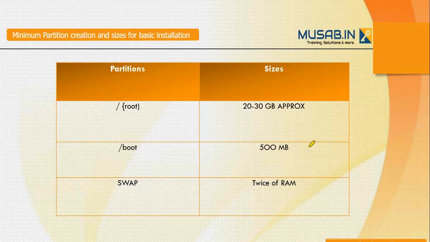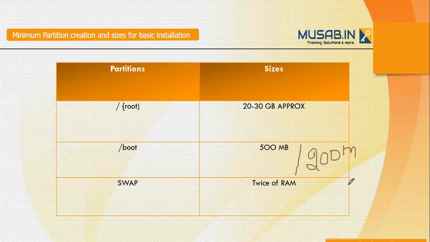In Red Hat 6, the boot requirement is 200 MB, or even in Red Hat 5 also 200 MB. But in Red Hat 7, the requirement is 500 MB. The reason this change has come in Red Hat 7 is, in Red Hat 5 and 6, we used to have a bootloader called GRUB, Grand Unified Bootloader, that requires only 200 MB.